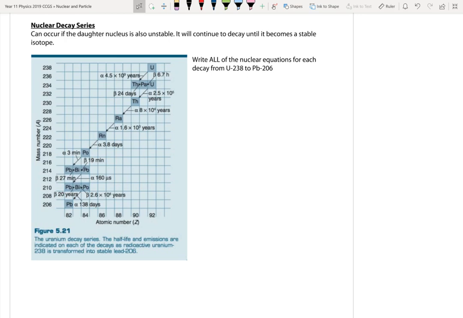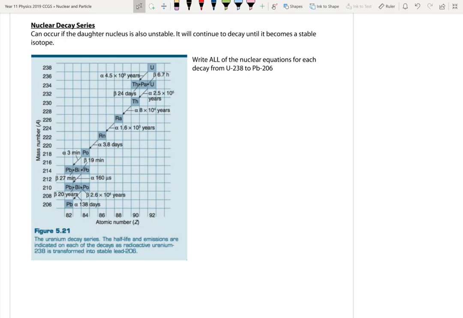Got one stable. Right? What else do you notice about the isotopes around bismuth? It's where alpha decay kind of stops. No, it doesn't stop. Well, somewhat. No. Look to the right of bismuth. What do you notice about all the isotopes to the right of bismuth?